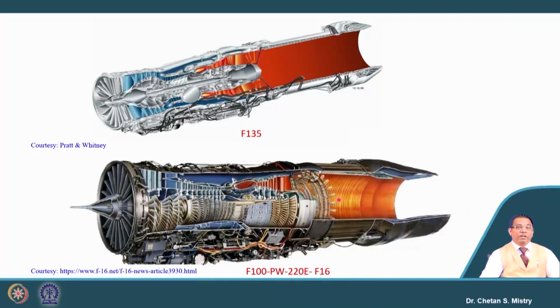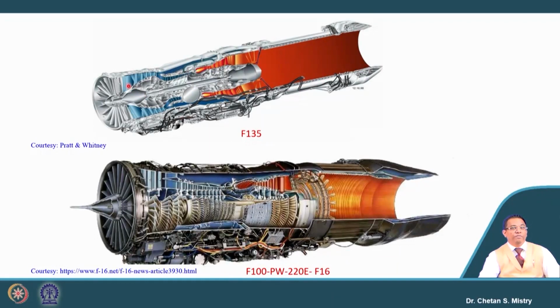Okay. So, just look carefully, this is the most recent engine, we can say 5th generation aircraft, we are saying F135, that is working on counter rotating configuration. In next week we will be having the discussion on what we mean by counter rotation.